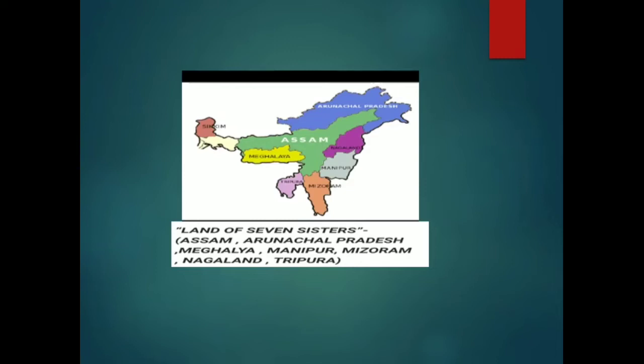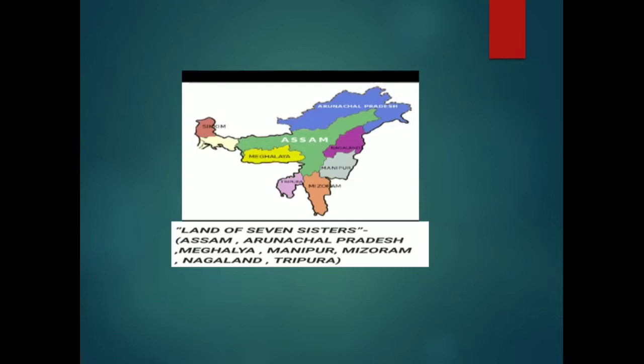Do you know why? Because all these states are interdependent on one another. That's why we call them 7 sisters. Just as sisters help each other, in the same way these 7 sisters are interdependent on one another.